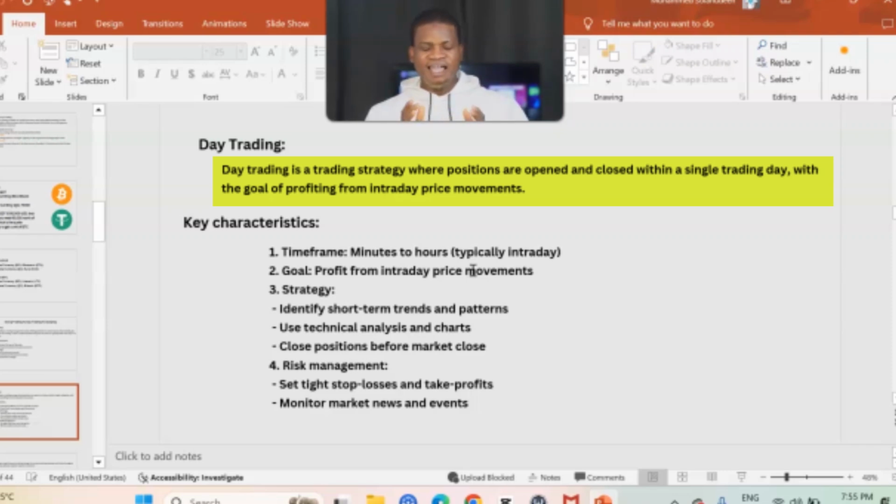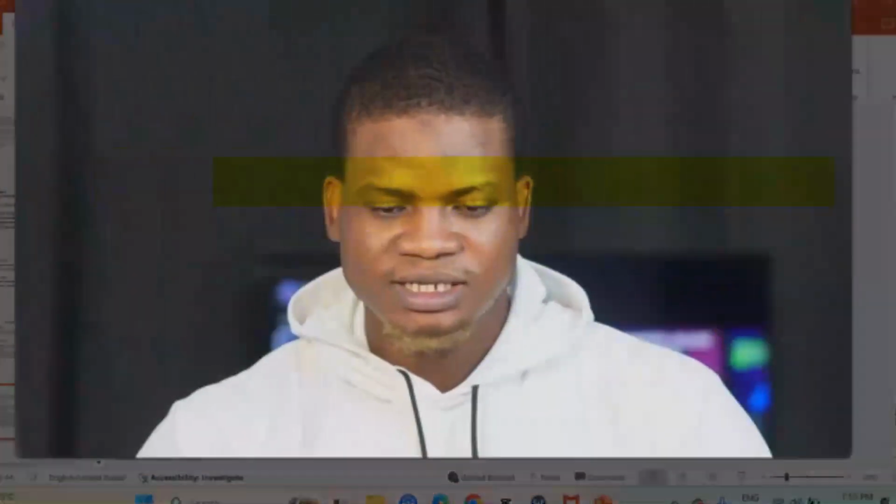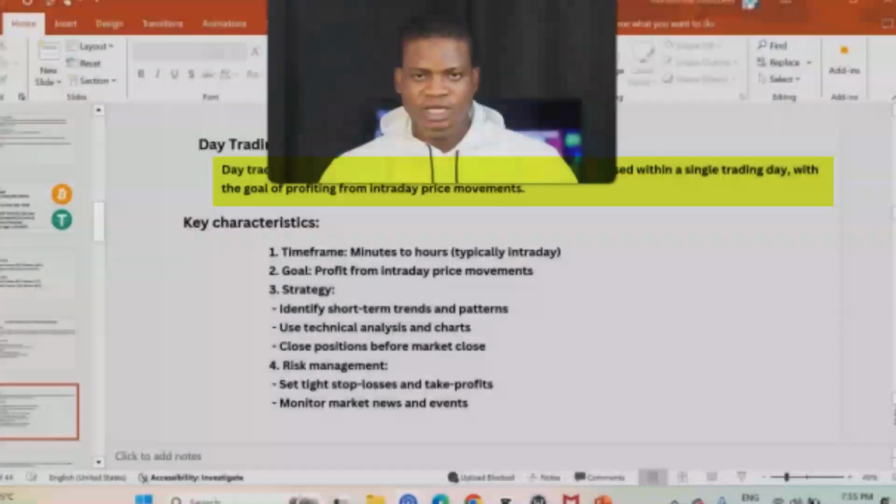It means every morning you go into the market, you analyze some cryptocurrency, you analyze the market, and you take trades with the hope that all your profit or loss will be within that particular day, right? So that is what day trading simply means.